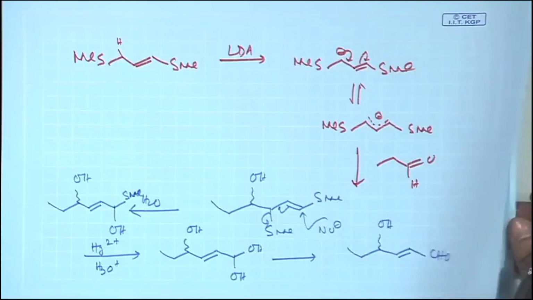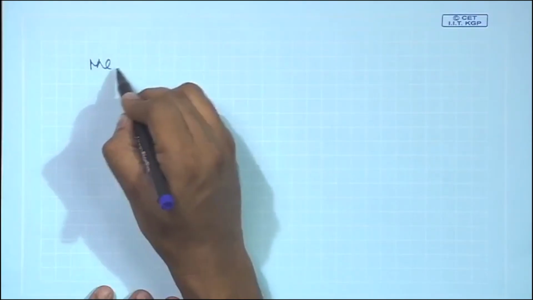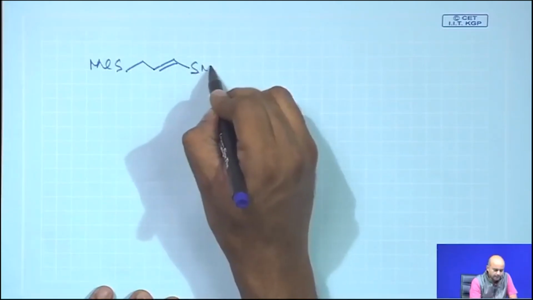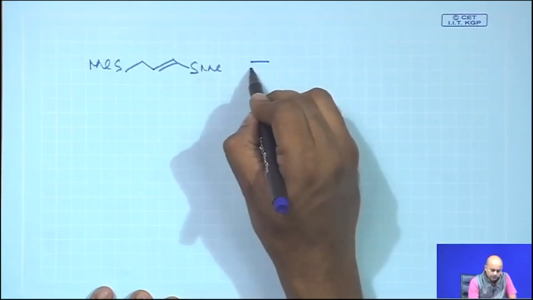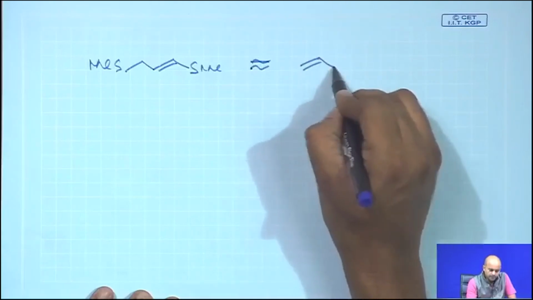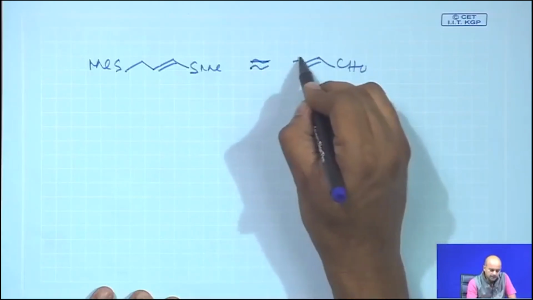So in the whole process you can basically formulate that this initial compound which has been synthesized, this allyl vinyl sulfide, was the equivalent of this vinylic aldehyde.